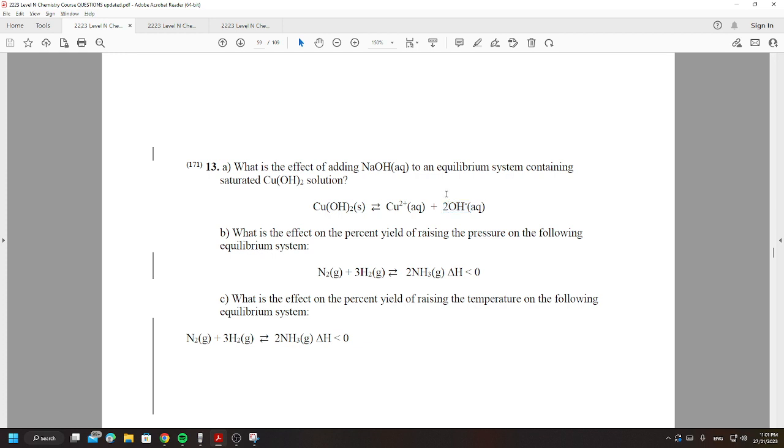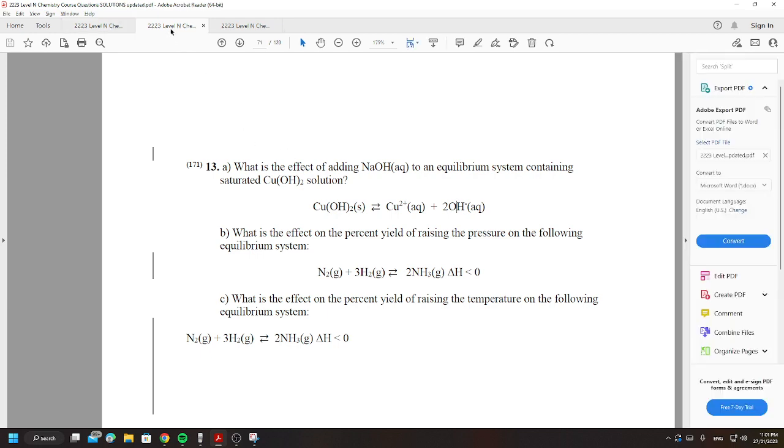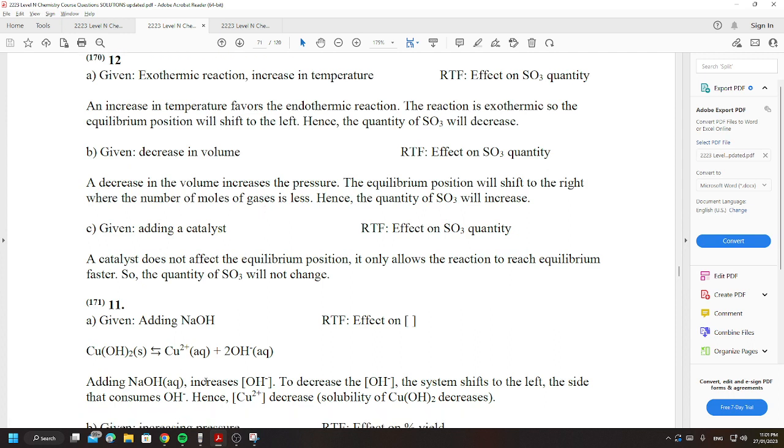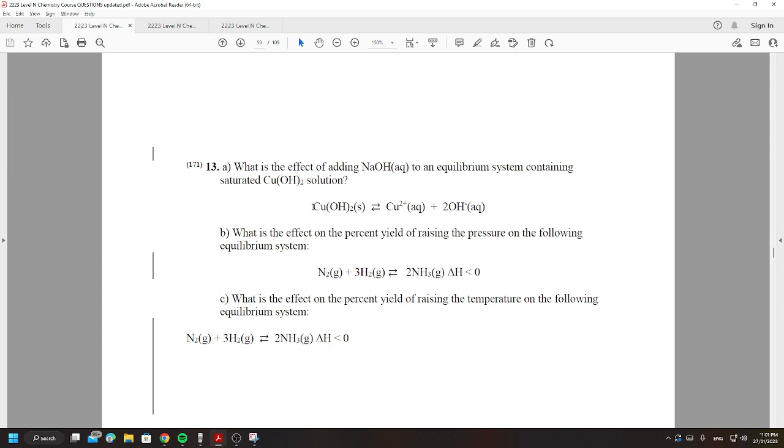Therefore, the system will try to decrease the concentration, so the backwards reaction will be favored. I hope that's correct. Yeah, adding NaOH increases OH minus, so it's going to try to decrease it. So the backwards reaction is favored, so more Cu(OH)2 is produced.